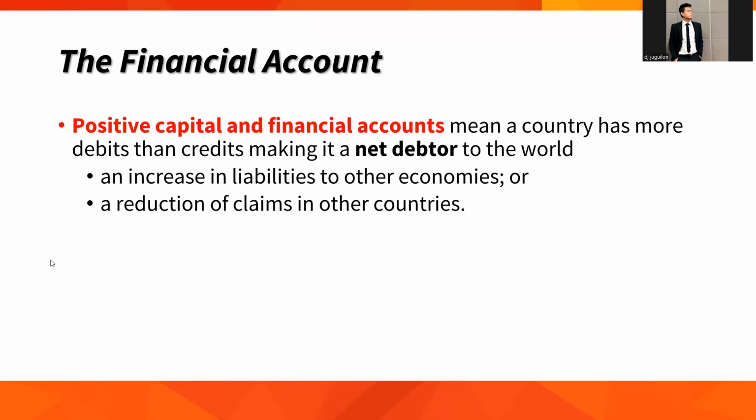So since we have a negative amount in our financial account, do you think that we are actually doing good? Well, the next part is understanding the balance of payments based on the reference of our current account and financial account.